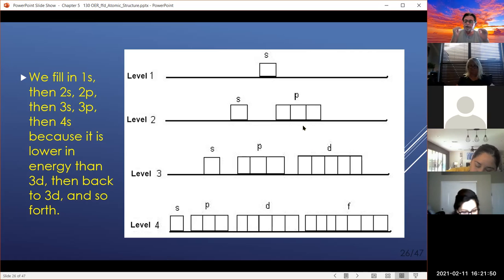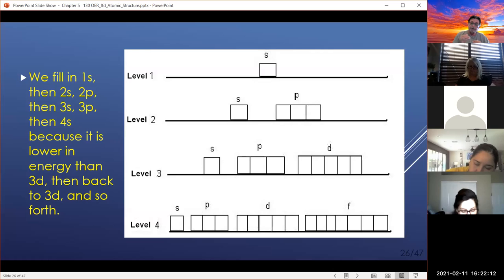Now, when we go into the third energy level, which is the third period on the periodic table, we still have an S. Everybody has an S orbit. You can see that from 1 through 7. The P is introduced in the second energy level, or the second period. And now we introduce the D orbit, okay?